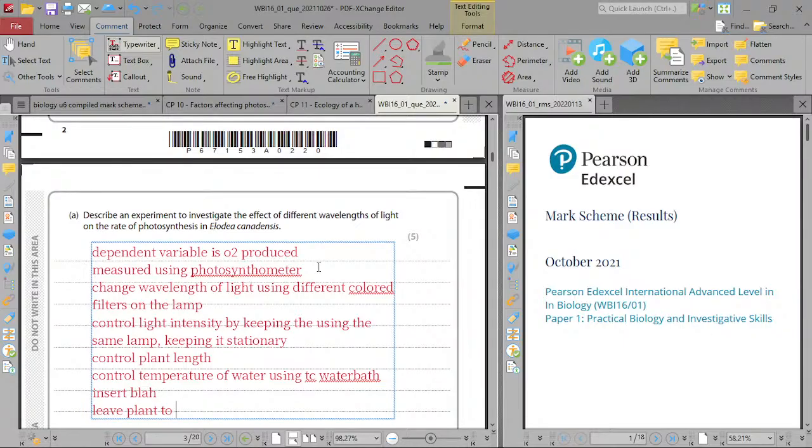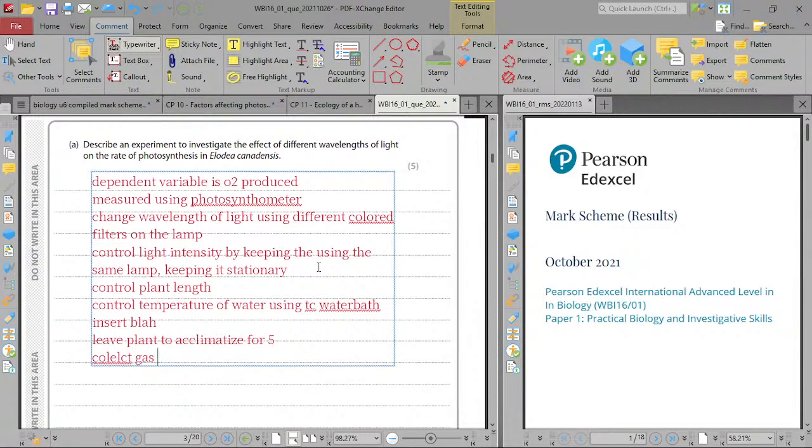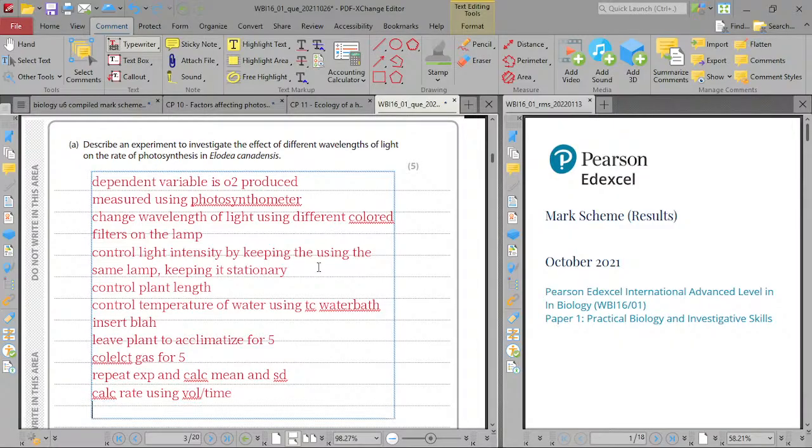Leave plant to acclimatize for 5 minutes. Collect gas for 5 minutes. Repeat experiment and calculate SD and mean. Calculate rate using volume over time.